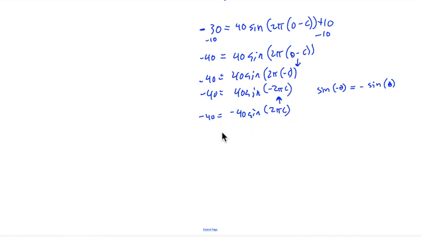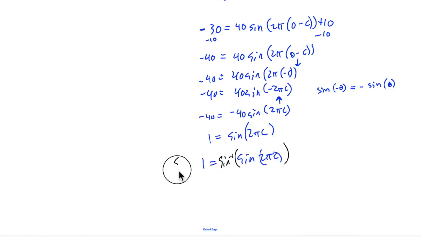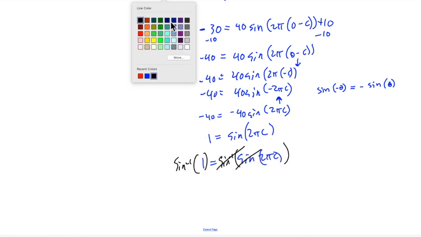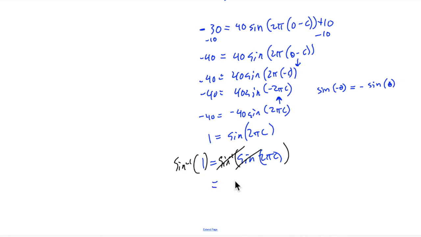Then we can divide both sides by negative 40 and we get 1 equals sine 2 pi c. Then take the inverse sine of both sides, and we're left with 2 pi c on one side. On the other side, what angle in radians will give us 1 for sine?